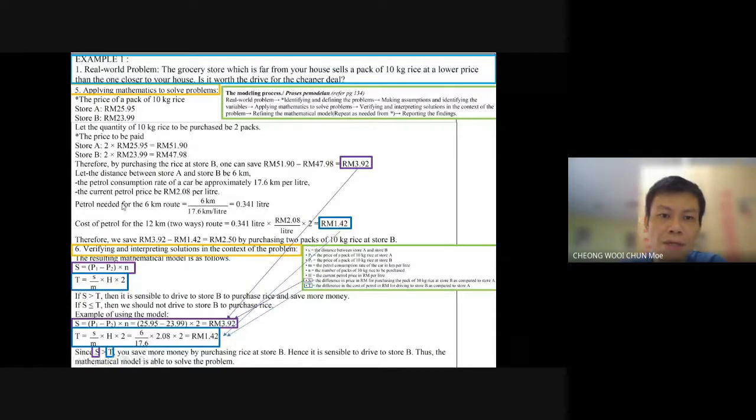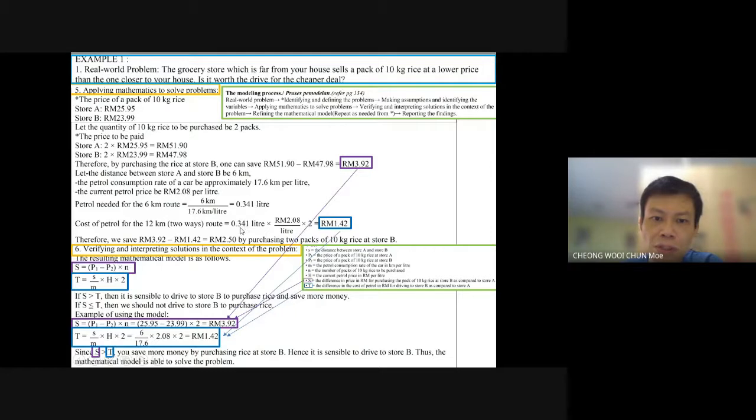So the petrol needed for a 6 kilometer route is 6 kilometer divided by 17.6 kilometer per liter. So you get 0.341 liter. For the cost of petrol, 2 ways means to and fro, going to the store and coming back, there'll be 12 kilometer, which means 2 times 6.